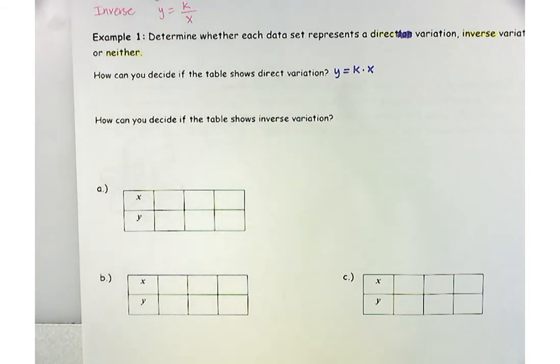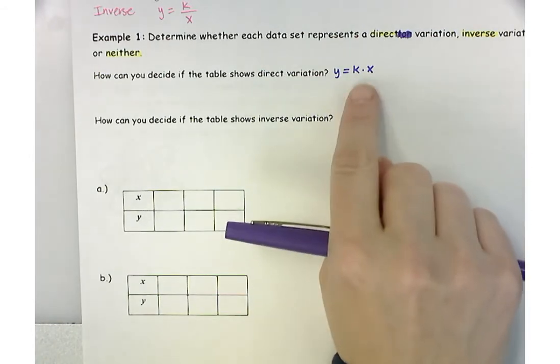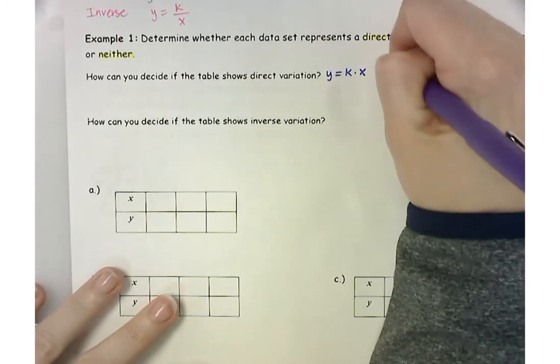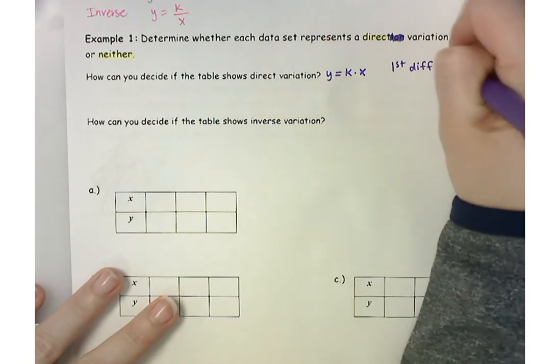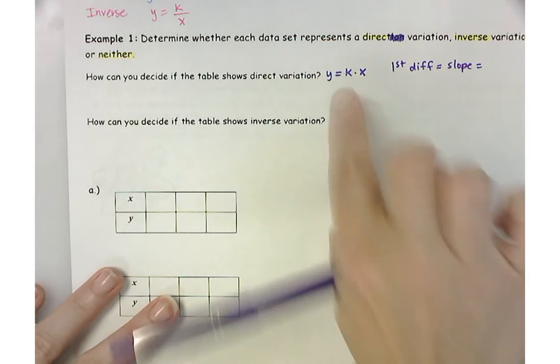It represented the slope, right? So your first differences in a linear equation represent the slope. Yesterday we talked about how the slope in direct variation is going to be what? It's going to be your k value. It's going to be what's in front of x.